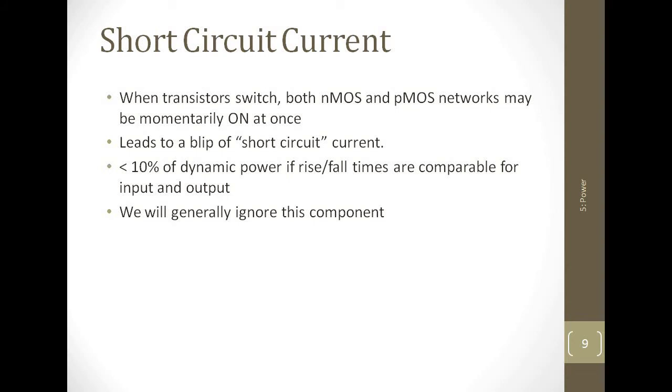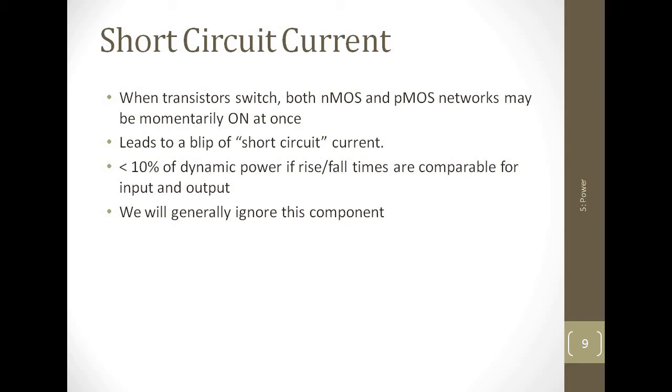Next, what are the short circuit currents which make me calculate the other powers? When transistors switch, both NMOS and PMOS networks may be momentarily on, for a short period of time both PMOS and NMOS are on at once. As we have seen in the CMOS inverter transfer characteristics, it operates in 5 regions of operation.